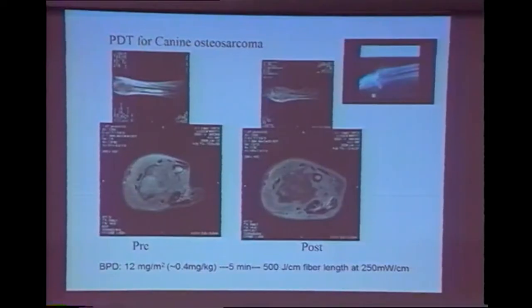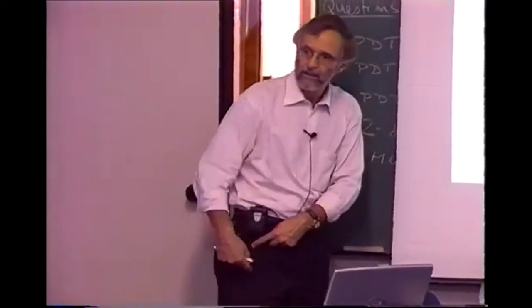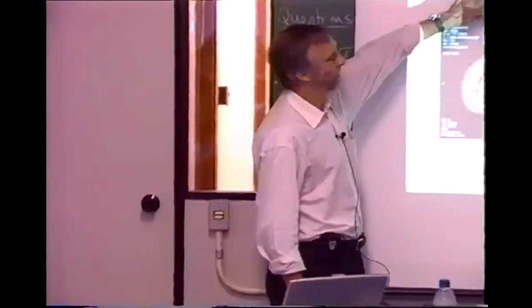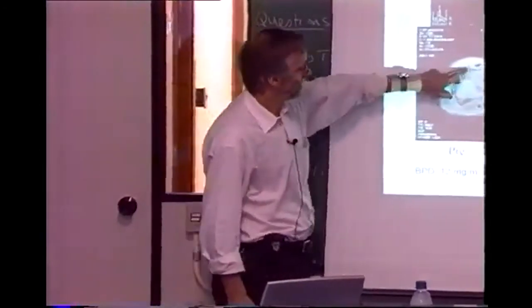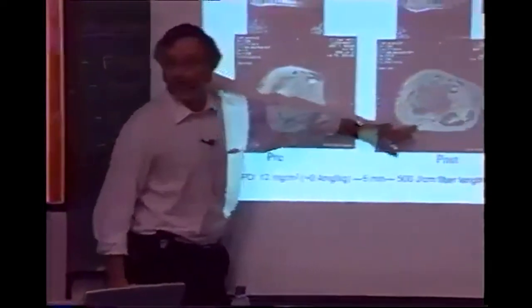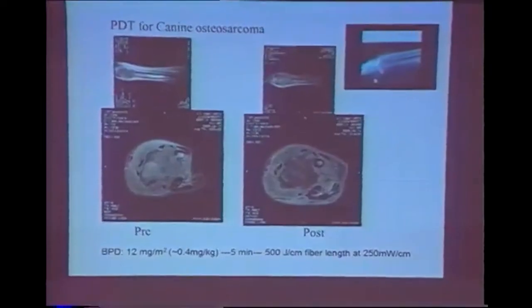So what was done, I couldn't find the picture, but basically an optical fiber was put in percutaneously into the long bone, so this diffusing fiber along this length of tumor. And this is the MRI before treatment and the MRI after treatment. So you can produce a pretty big volume of killing.